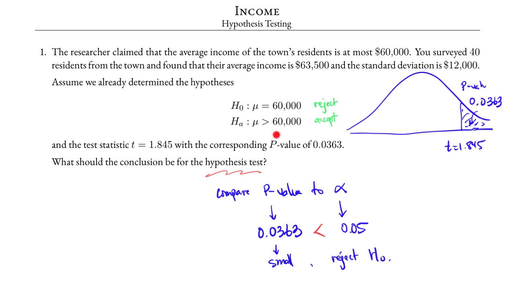In this case, we accept the statement that the mean is greater than 60,000. But this is opposite to the initial claim. The initial claim is that the town's resident income is at most 60,000, meaning 60,000 or less. And so we would reject the initial claim.